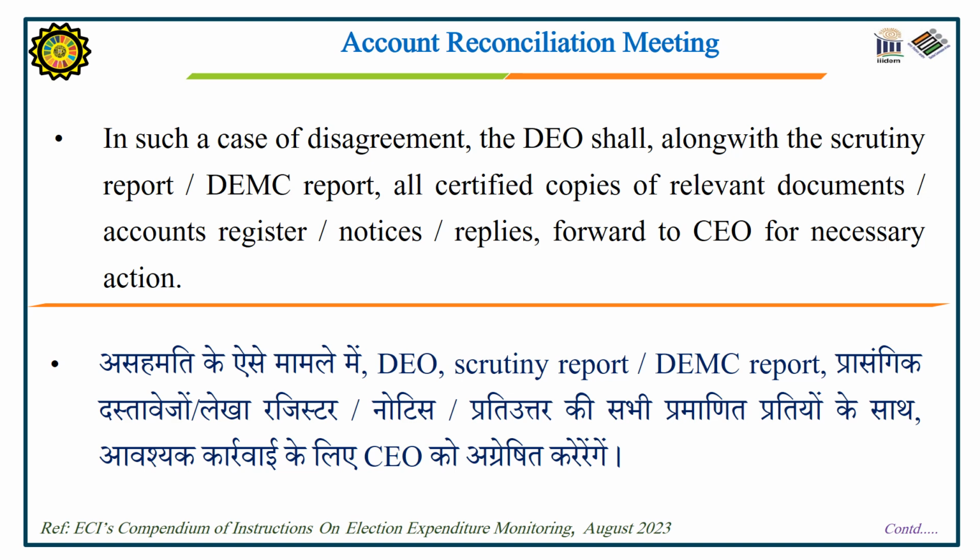In such a case of disagreement, the District Election Officer shall, along with the scrutiny report, DMC report, all certified copies of the relevant documents, account register, notices, replies, forward to the CEO for necessary action.